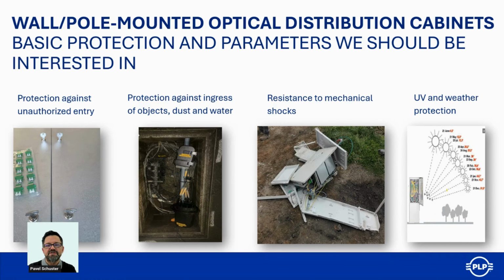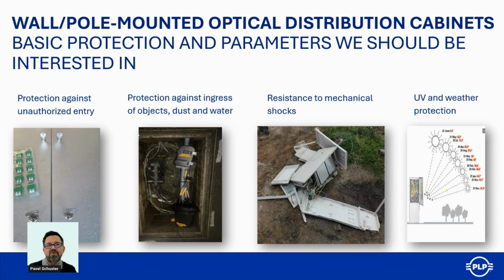The second protection is what we call IP, which is ingress protection against objects, dust and water. There is always IP written and then two numbers. The first number says how protected the distribution point is against dust, and the second number is water.